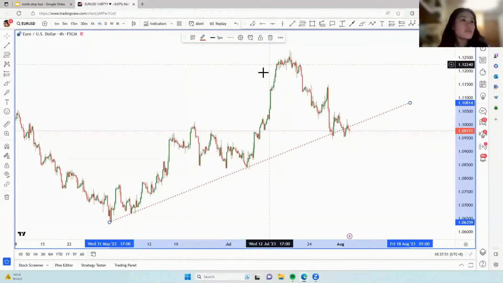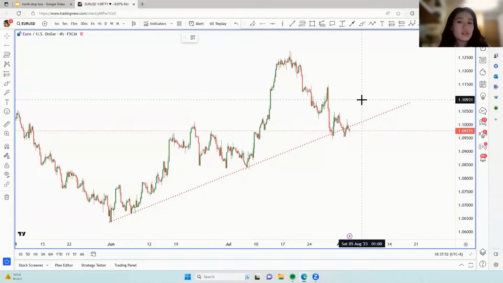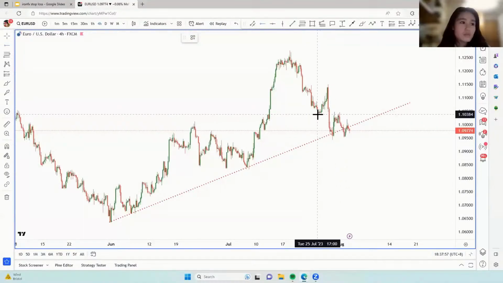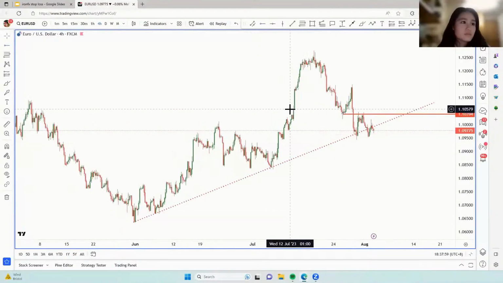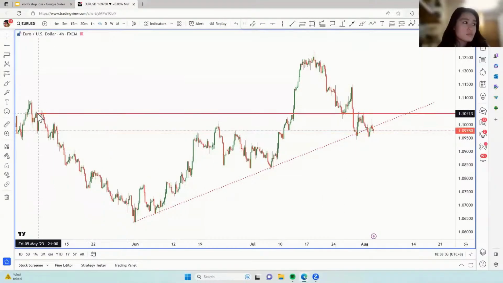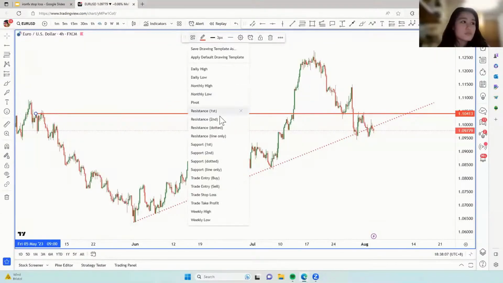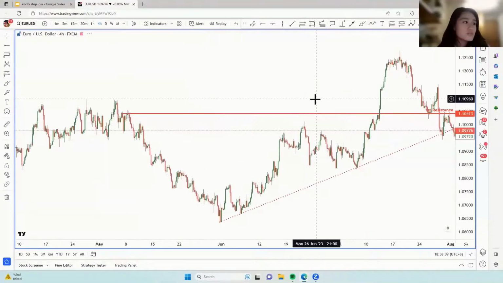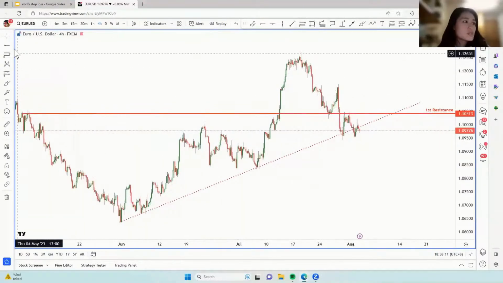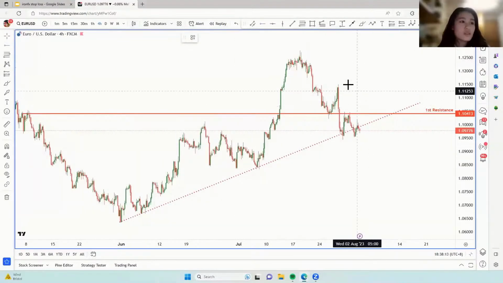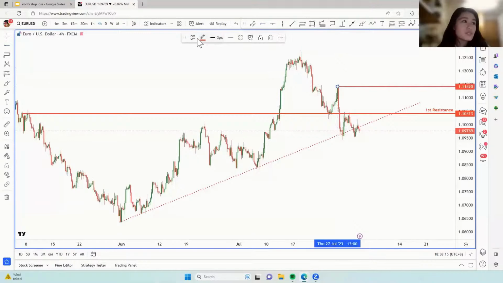Okay, but let's go in with some support and resistance levels. So here's my first resistance, and then my second resistance over here.